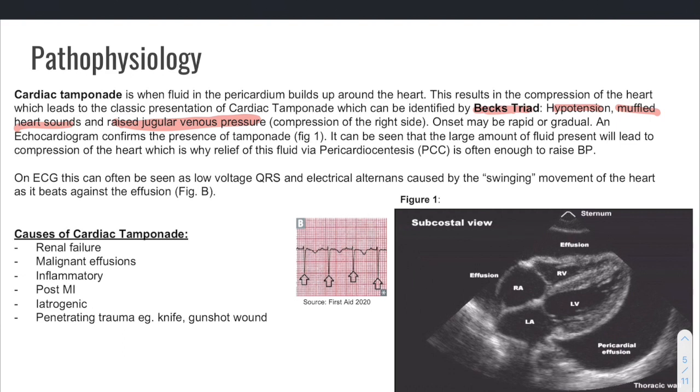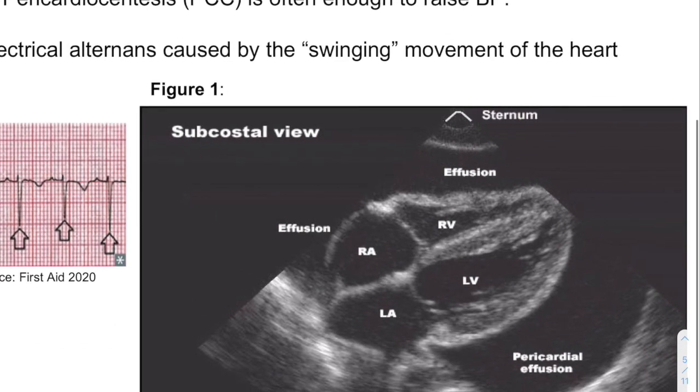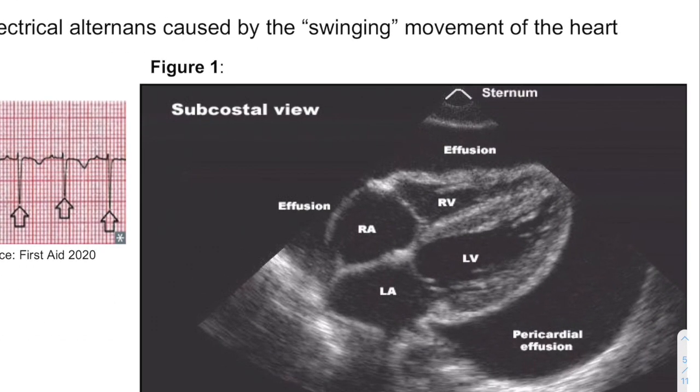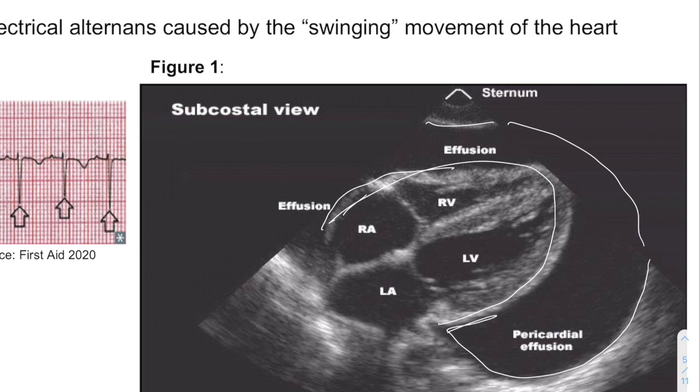And that's what's causing that particular finding on the ECG. And here we just have an example image of an echo that's showing you your heart here, right? And then your right and left sides, and all of this dark stuff around the outside of that is all effusion. This is cut off here, but imagine your pericardium continues like this, and all of this in the middle is effusion.